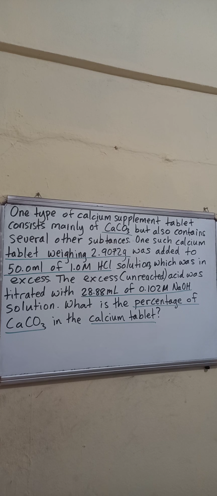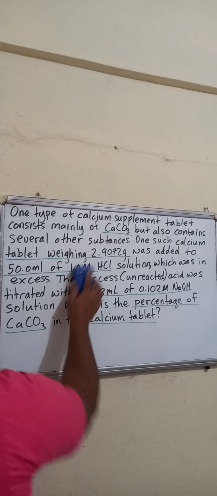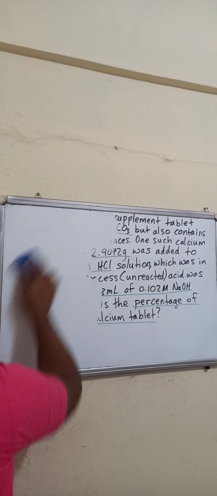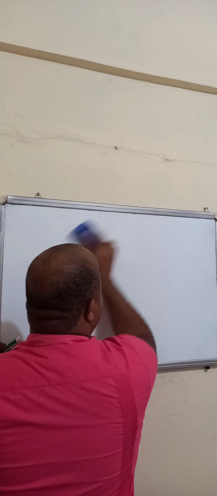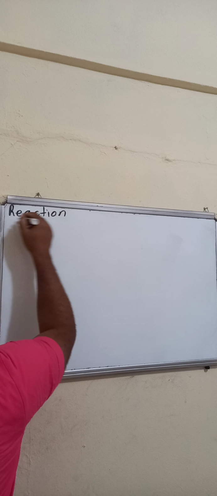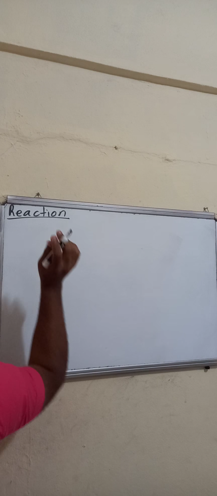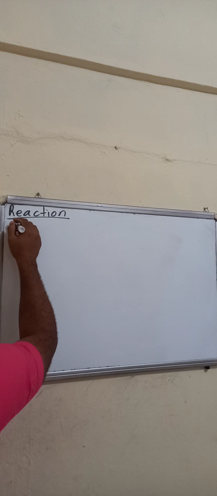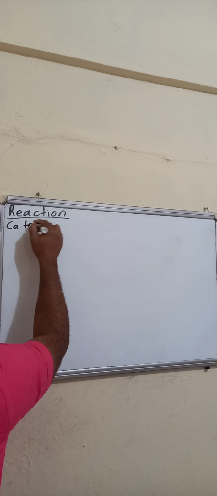Alright, so go ahead, set up the reaction step and the titration. So for the reaction, we know we have this sample of the tablet, so we have the mass.